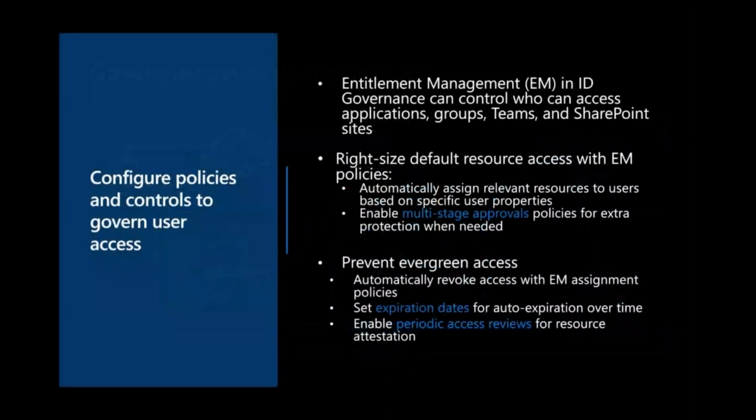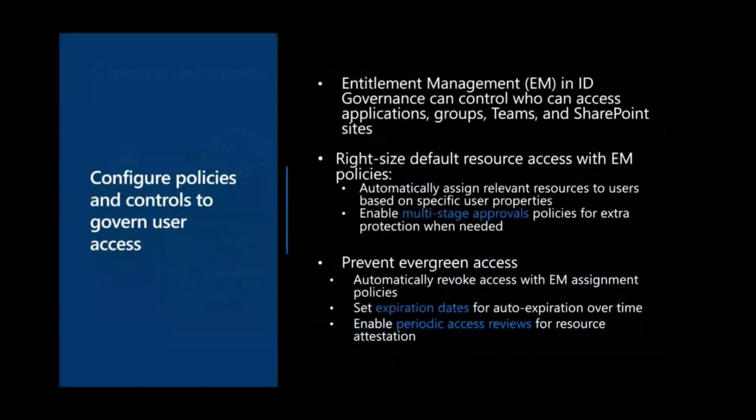The other thing we want to do, and you'll hear this theme over and over, right? Access reviews. You want to attest that access is still needed. Access reviews in Entra is a great way to do that. So there's also the ability to set up periodic access reviews for those specific access packages that you deem need to be protected or that you need to be aware of and monitor.